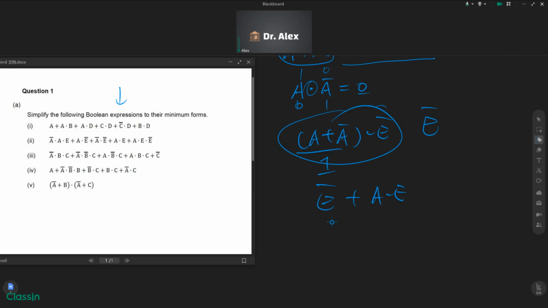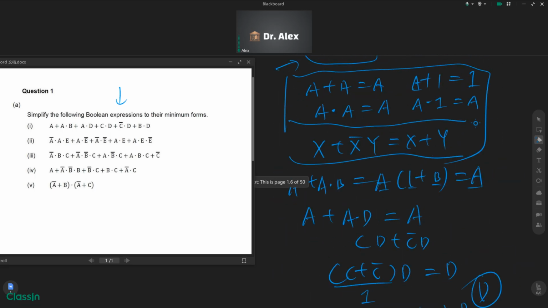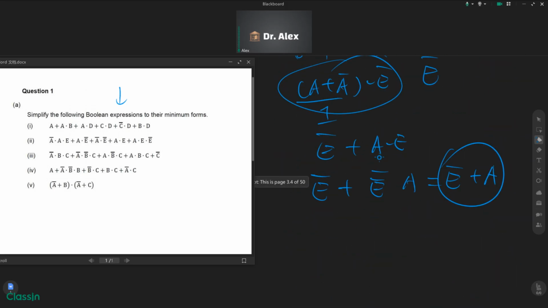It can be expressed like this: not E plus not E double not and A, which equals not E or A. Remember, we just applied this expression. So the final result for the second equation is not E or A.